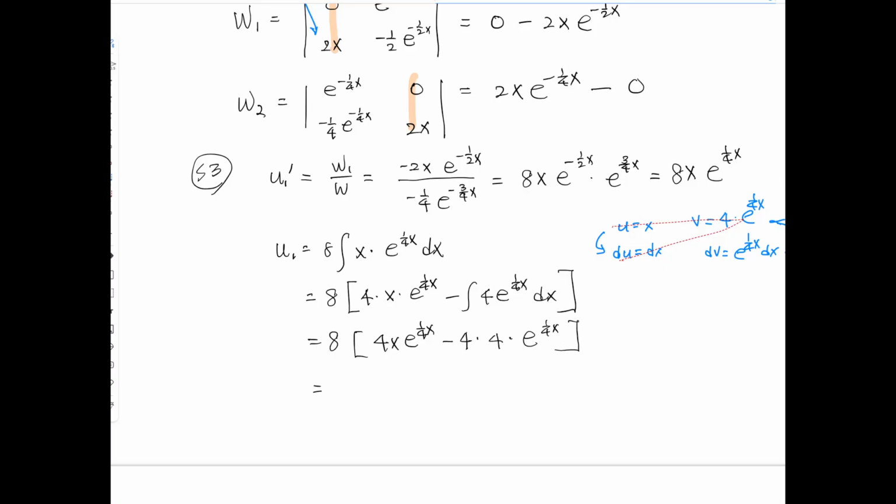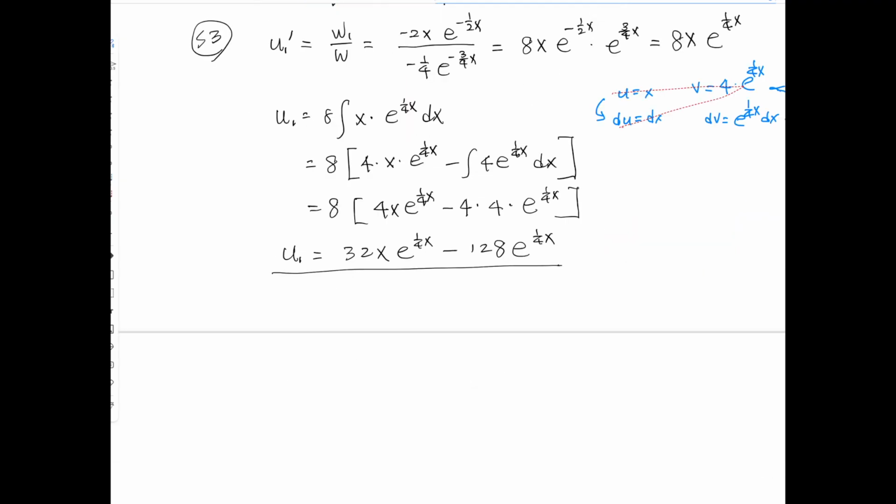So our u1, when you multiply 8 to everywhere, is going to be 32x e to the power of 1 over 4x minus 128 e to the power of 1 over 4x. That's our u1.